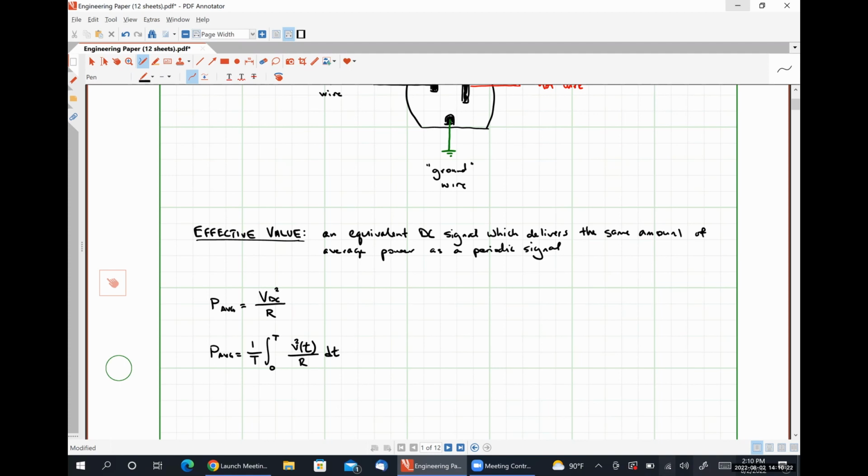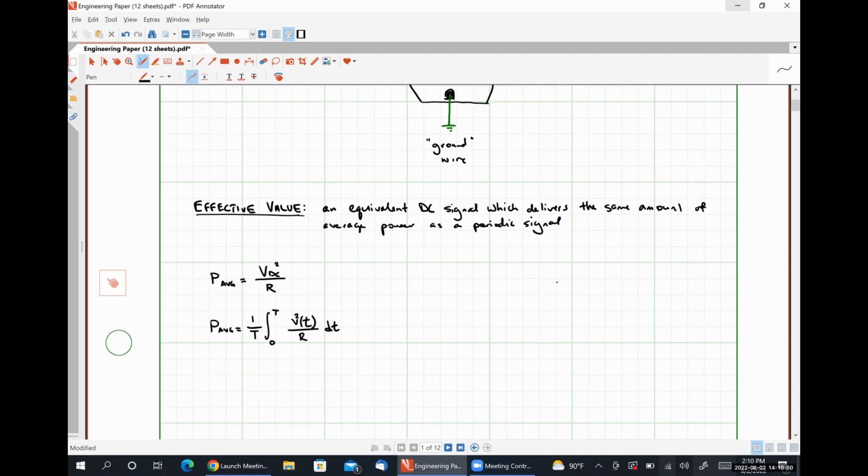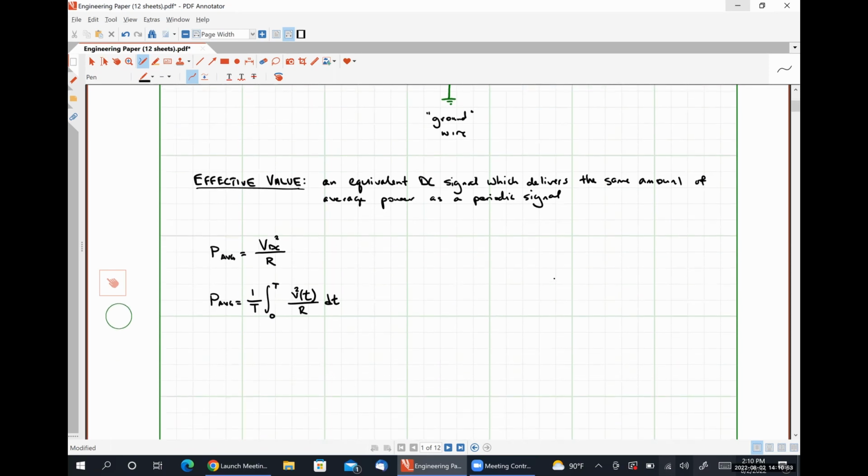This is just using our average value of a periodic signal relationship that we developed at the end of our last class. Well, the effective value is just the DC value that gives us the same amount of average power as our periodic signal. So we're going to derive an equation here. It's only going to take a step or two to get the effective value for a periodic voltage, okay? I'm going to do this by equating these two relationships for average power.